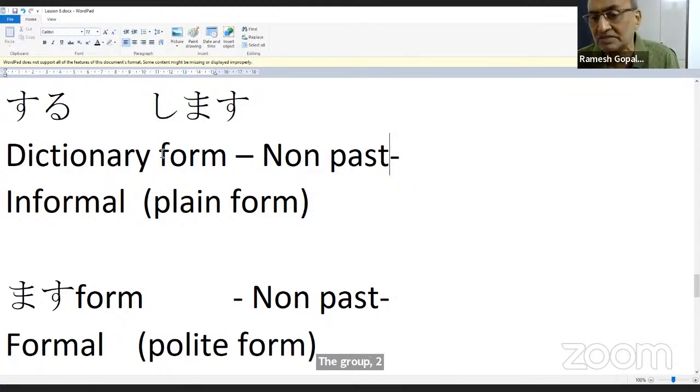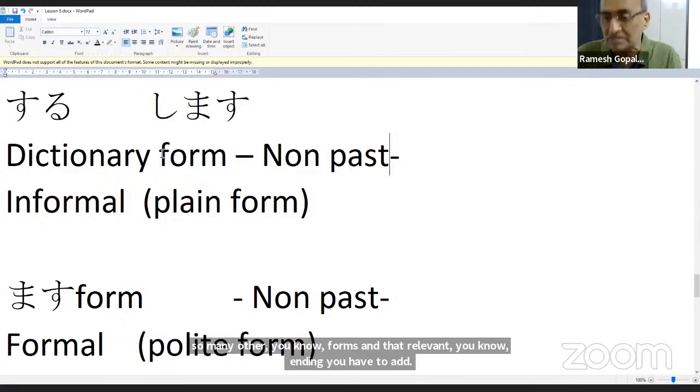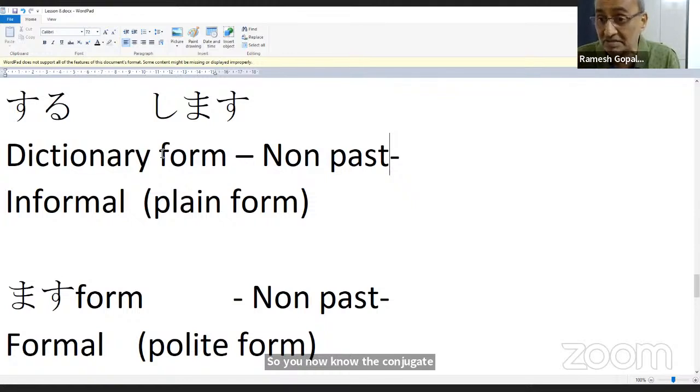Very easy to conjugate. Simply you drop ru and add whatever. Here the ending is mass. There are so many other endings, forms, and that relevant ending you'll have to add. So you now know how to conjugate verbs. You know now at least one form, and you know how to identify those verbs.